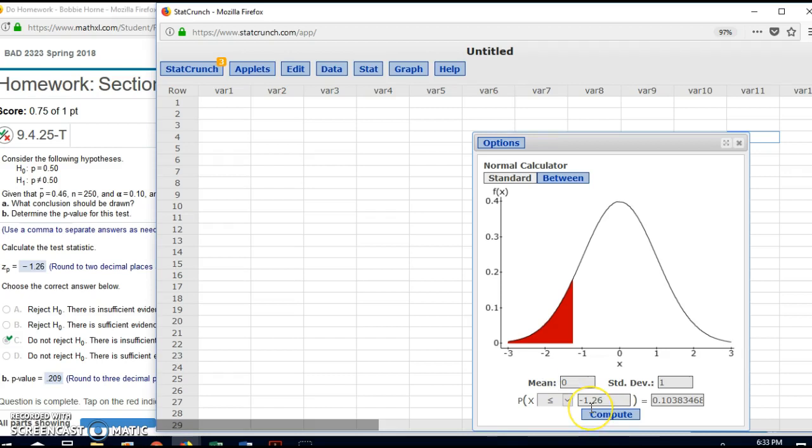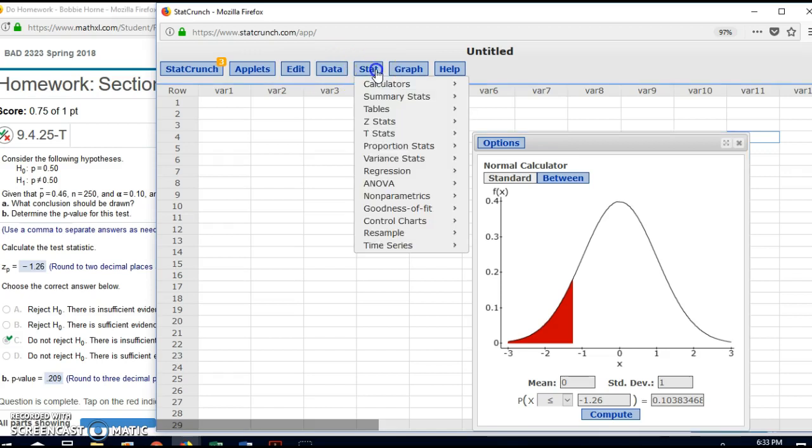I had it right, less than or equal to, we take this number, negative 1.38, I believe, and we double it. 0.206. And we should get 0.209.